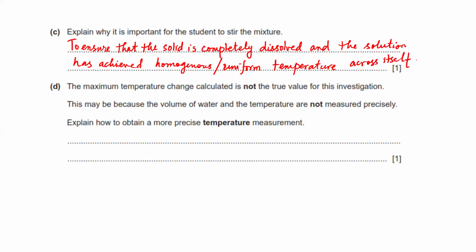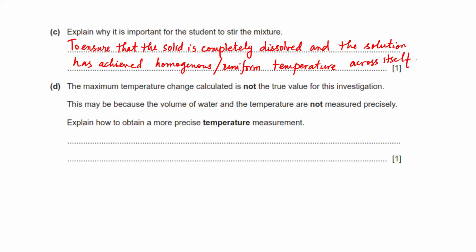Then part D, it says the maximum temperature change calculated is not the true value for the investigation. This may be because the volume of water and the temperature are not measured precisely. Explain how to obtain a more precise measurement of temperature.